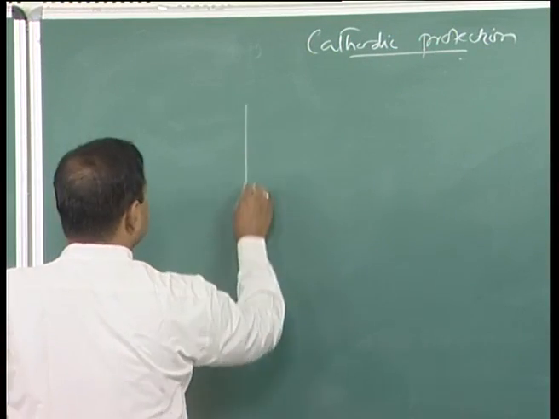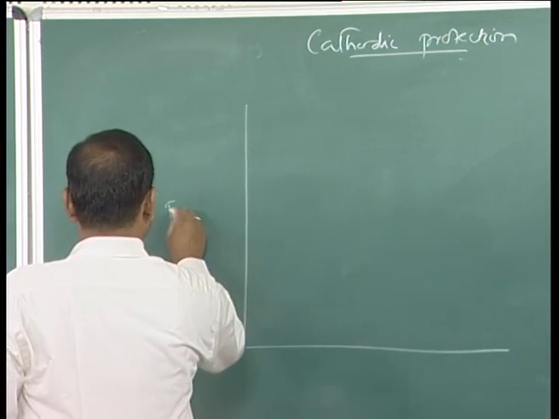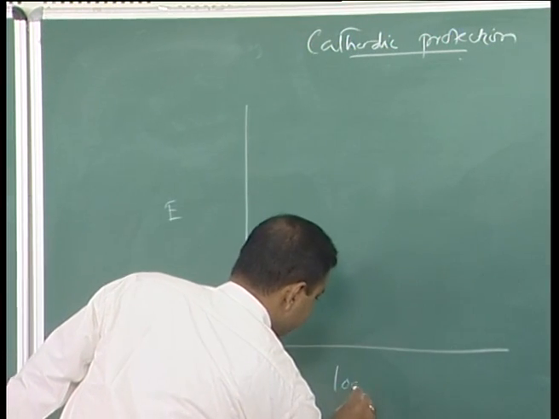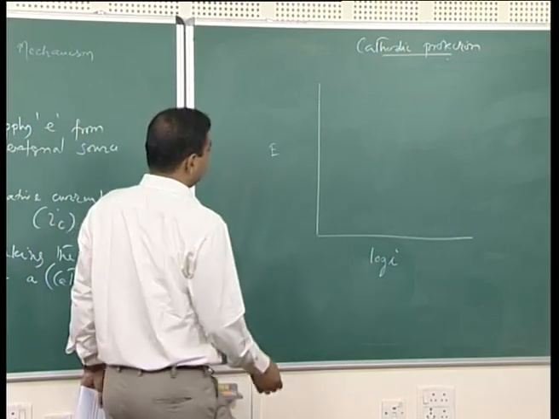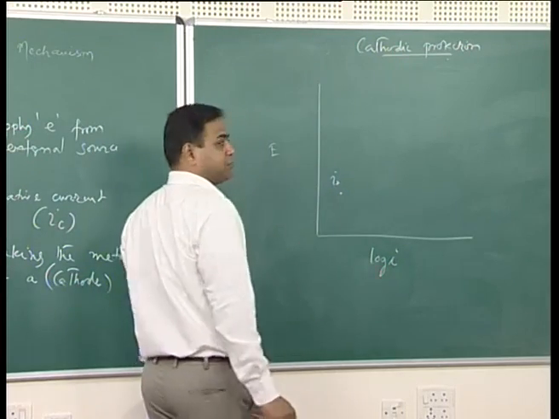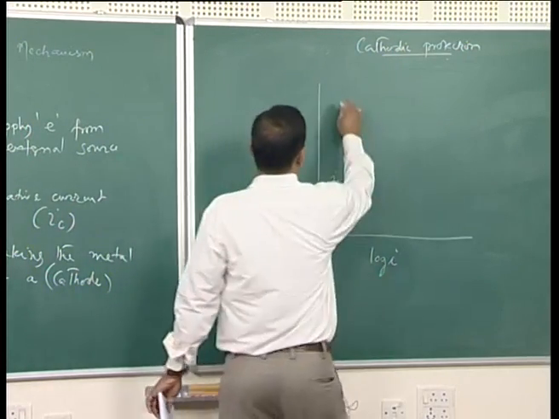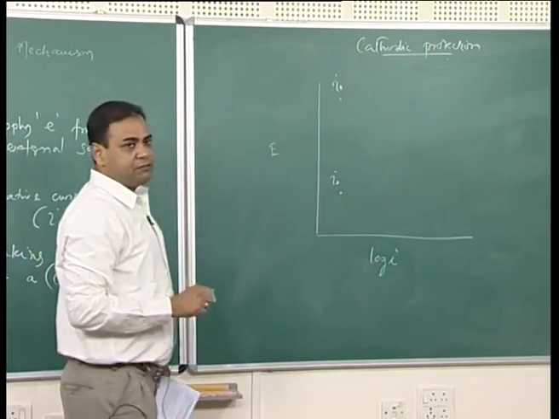Now, coming to again this E versus log I diagram, where let us say this is my I 0 for that metal and this is my I 0 for the cathodic reaction.